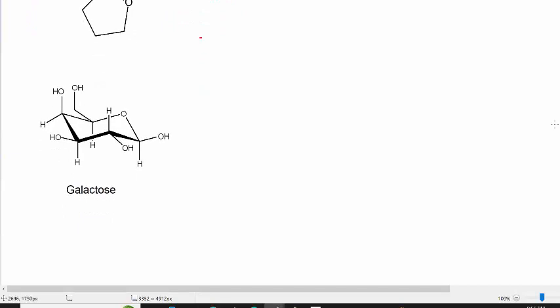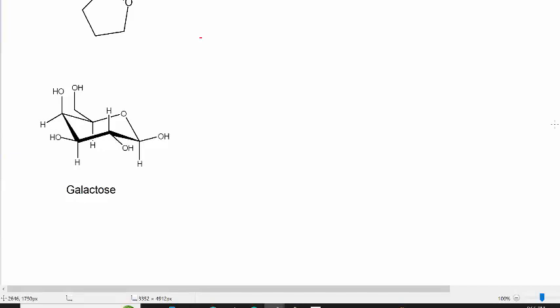Now the last one is, well, it's my favorite. This is an interesting compound. It's naturally occurring galactose. Galactose is a monosaccharide that belongs to a family called aldohexoses. One of the more familiar members of aldohexoses is glucose.